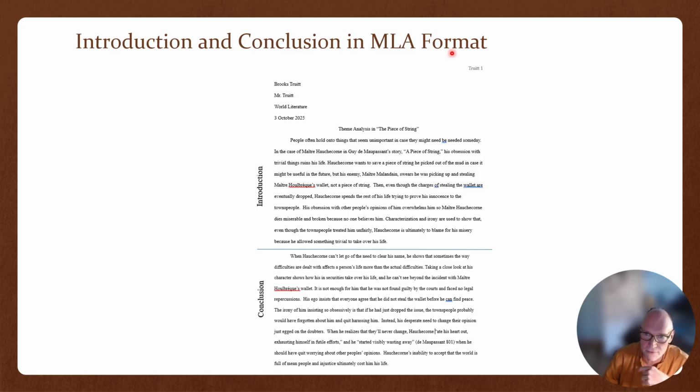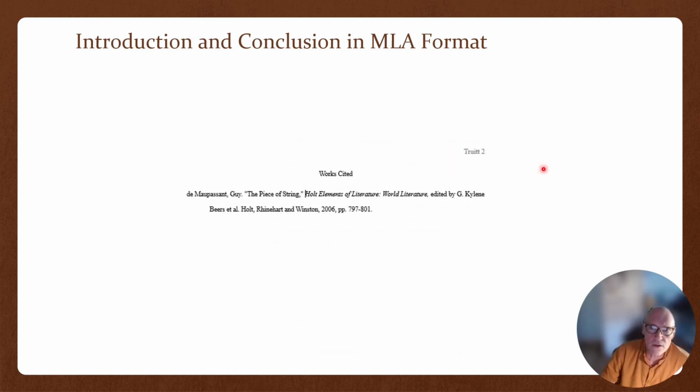You can see it's followed the basic elements: the spacing, the header, the heading on the first page, and then you can see the works cited. Your essay coming up for Oedipus will need to have the works cited on a separate page as well.